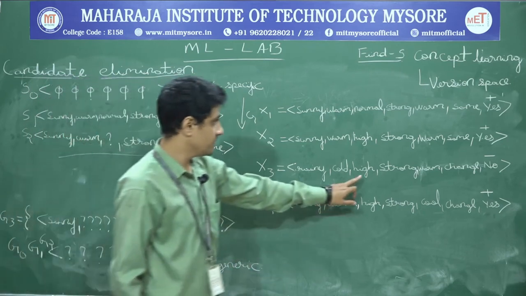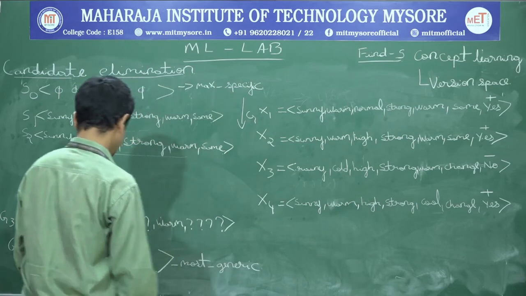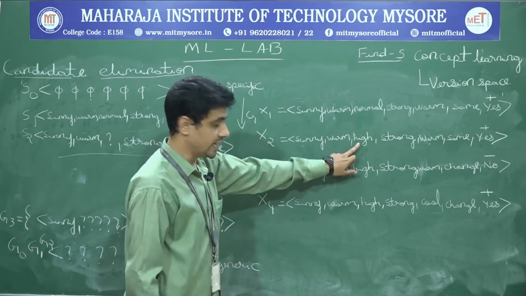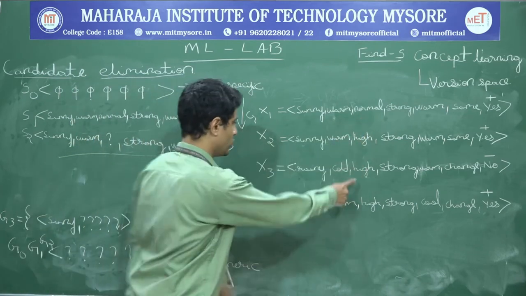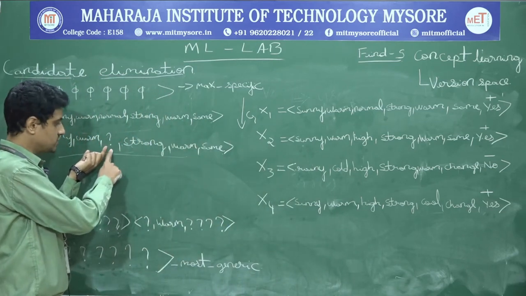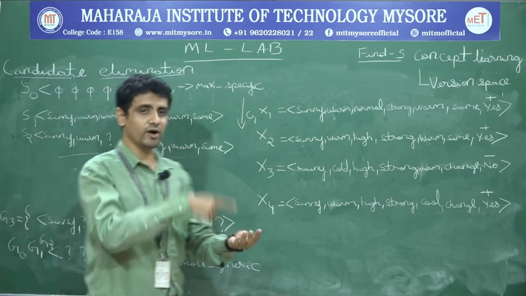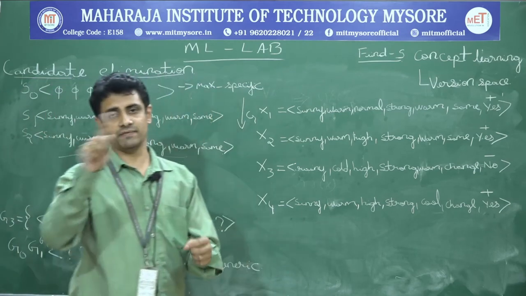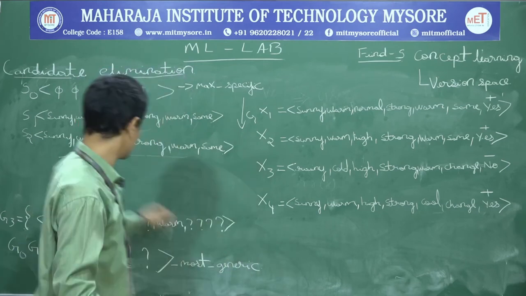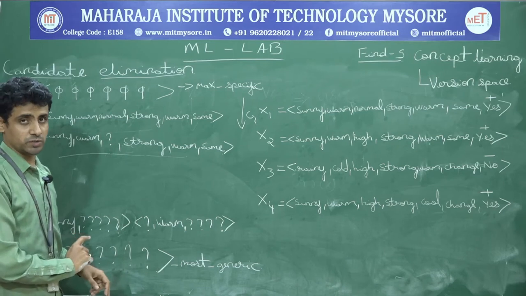Next one we have high. Moving on to high, we have high as well as normal. Directly I will go with this specific one, and we have question mark here. It is already generalized. It is saying that whether it is high or normal, both will be classified as positive, because in my specific hypothesis the third attribute already has a question mark.